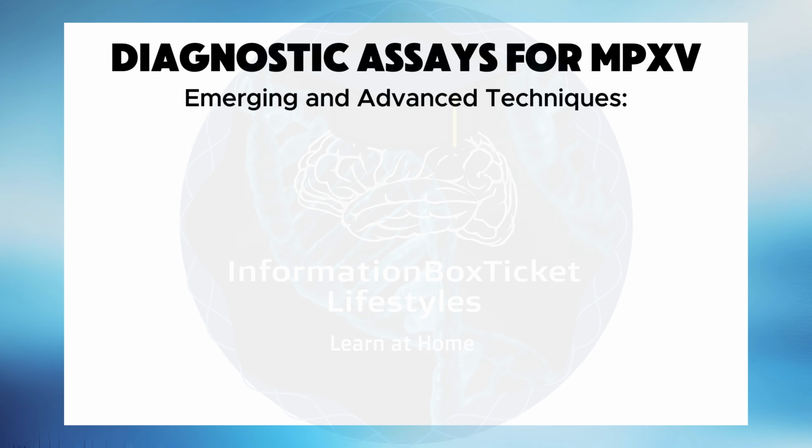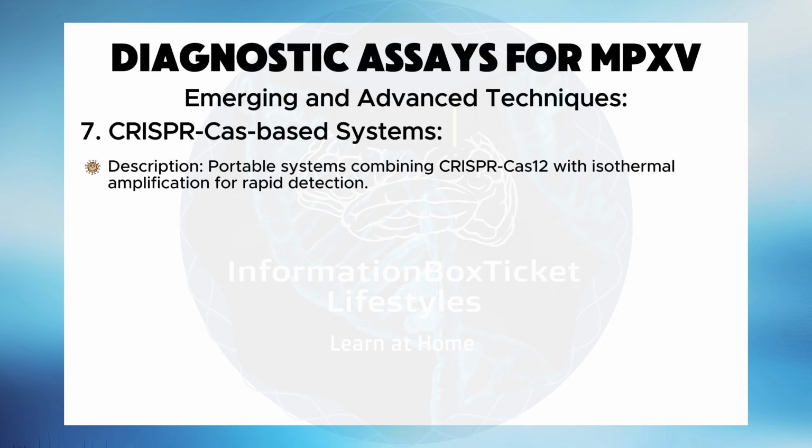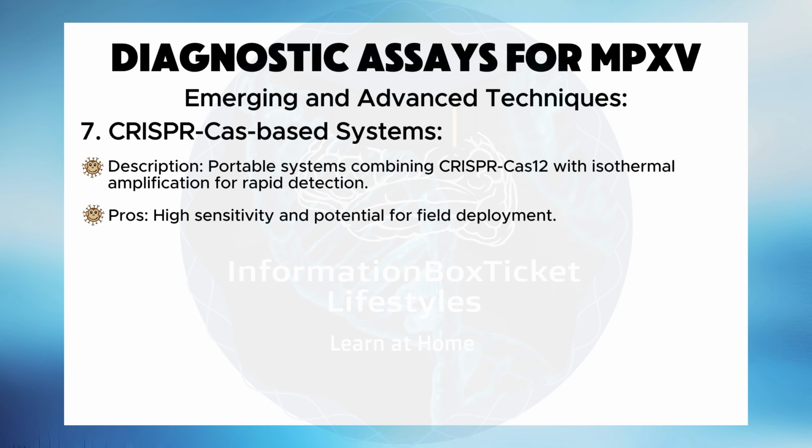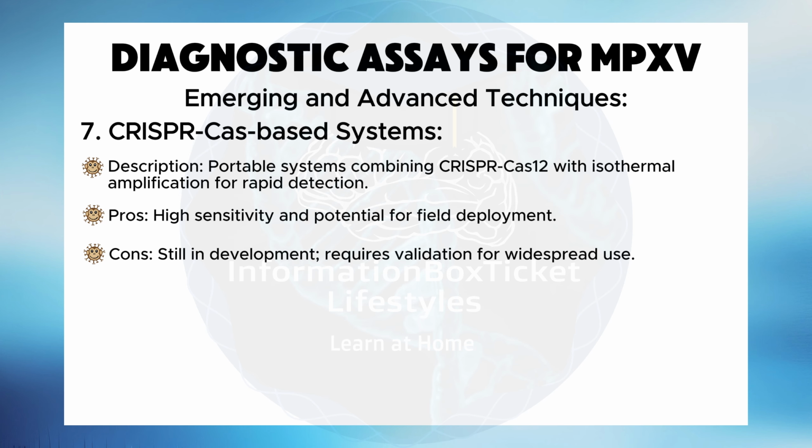Emerging and advanced techniques. 7. CRISPR-Cas-based systems. Description: portable systems combining CRISPR-Cas12 with isothermal amplification for rapid detection. Pros: high sensitivity and potential for field deployment. Cons: still in development, requires validation for widespread use.